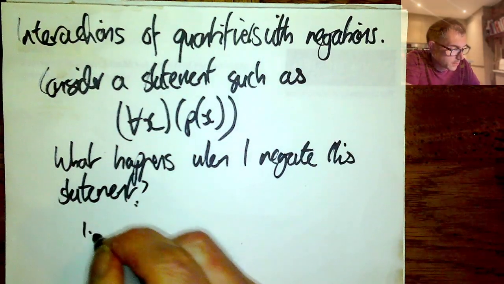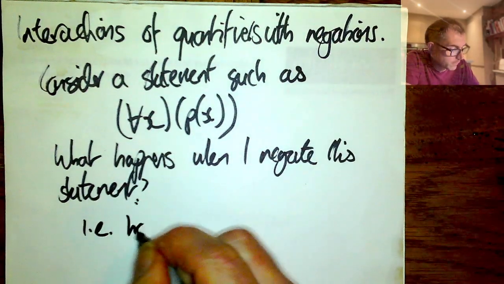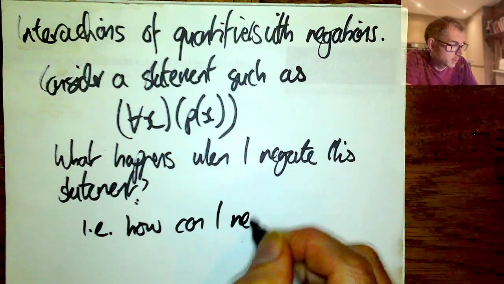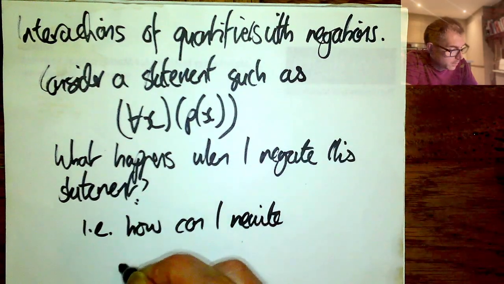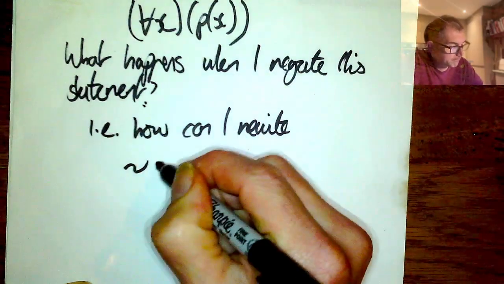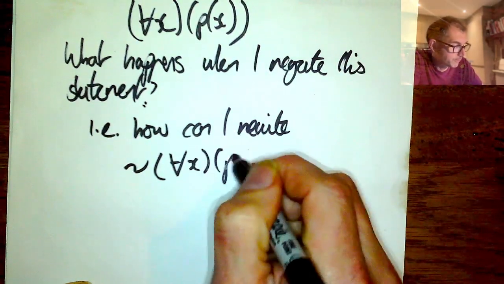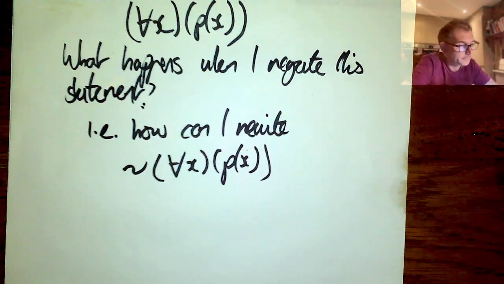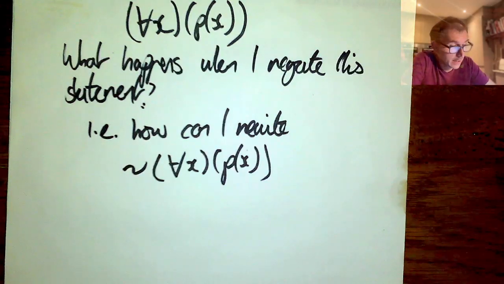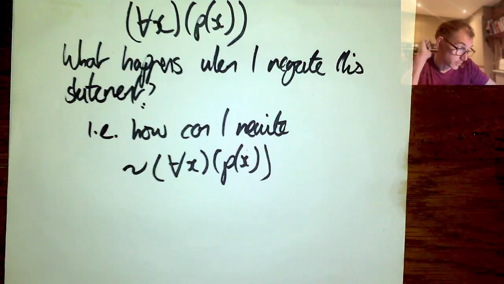So, i.e., how can I rewrite not of for all x, p of x. And if I just think about this for a second, I will have an answer. So if you have a statement which is not always true, then what you're saying is that there is some example, a counterexample to it, so some occasion when it's false.